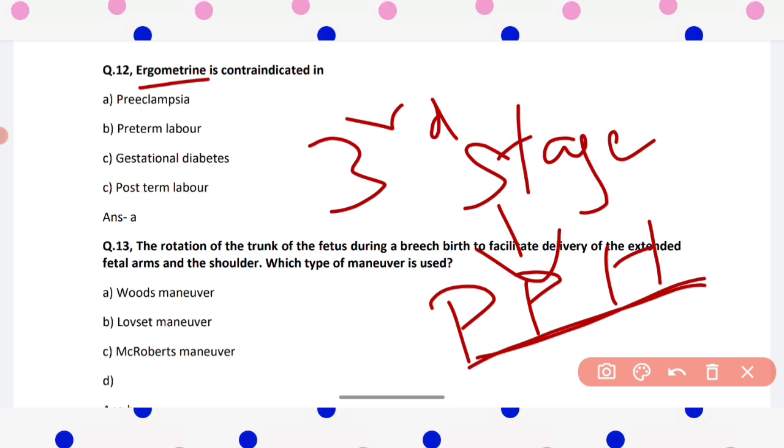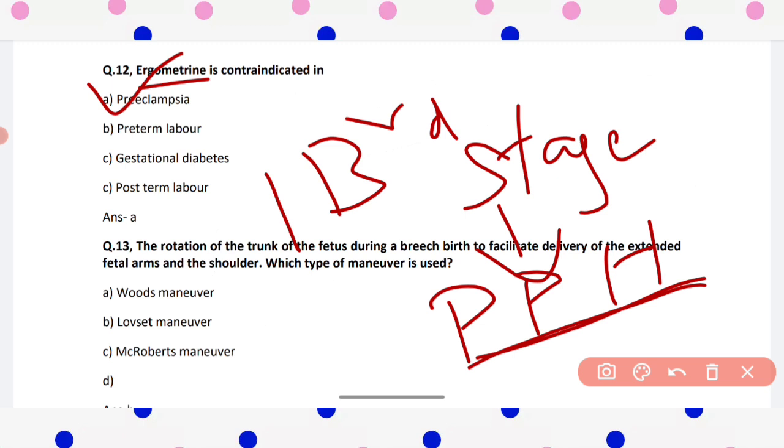During the third stage of labor, postpartum hemorrhage might be there, right? So in that situation, what are we using? Ergometrine. Fine. So what is the contraindication for ergometrine? It is used for reducing the postpartum hemorrhage. So what will it do? It will cause severe vasoconstriction. Fine. So in case of severe vasoconstriction, what will happen?